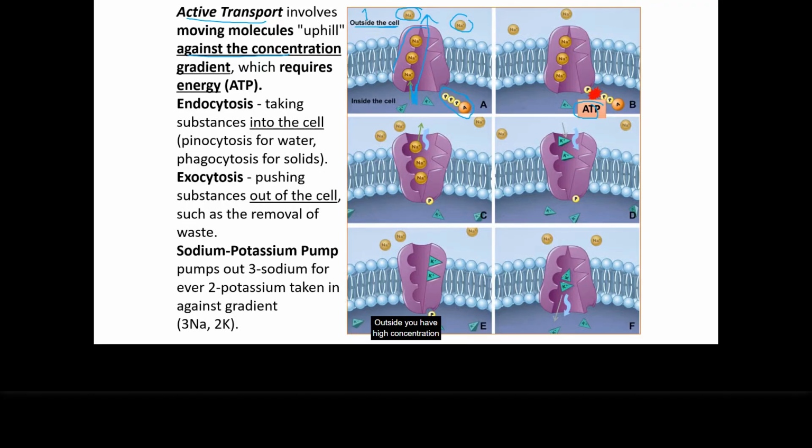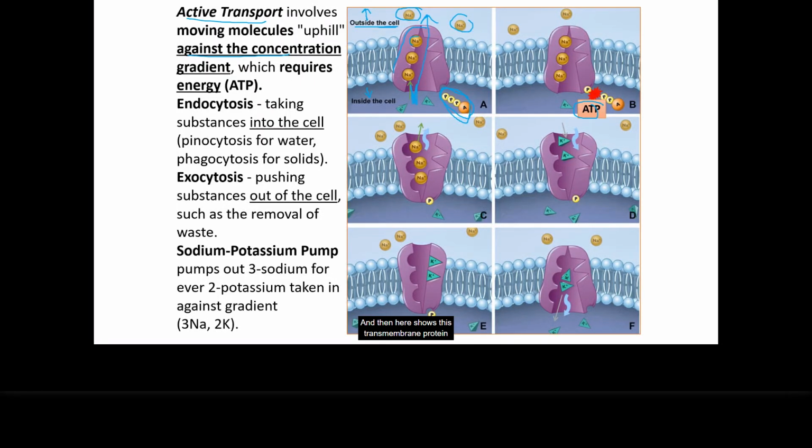Outside we have a high concentration of sodium, inside we have low. This transport is active transport. It requires energy. We're spending energy, but we're moving from low concentration of sodium to high concentration of sodium.